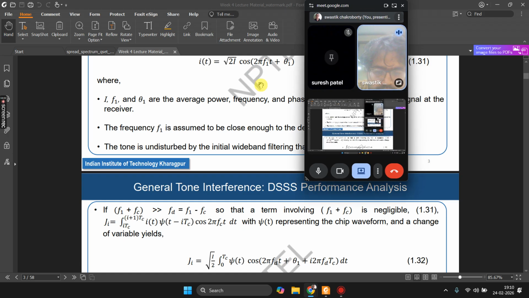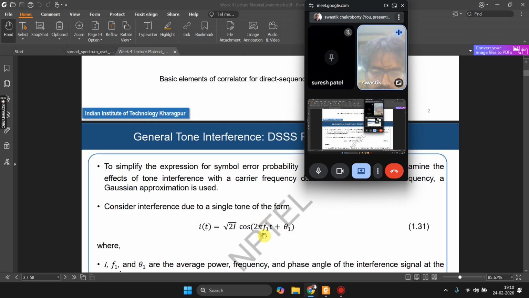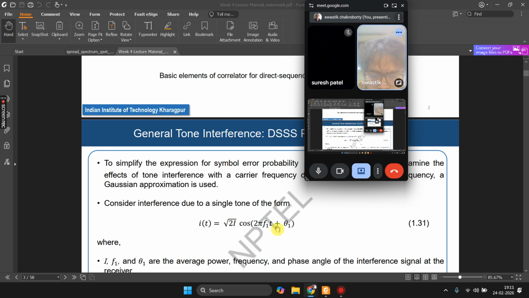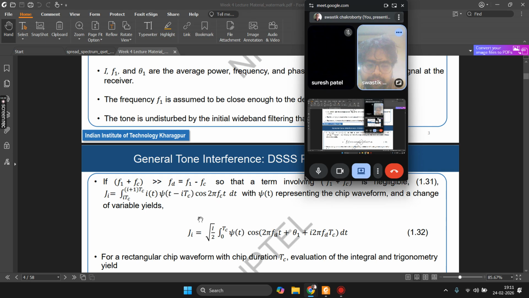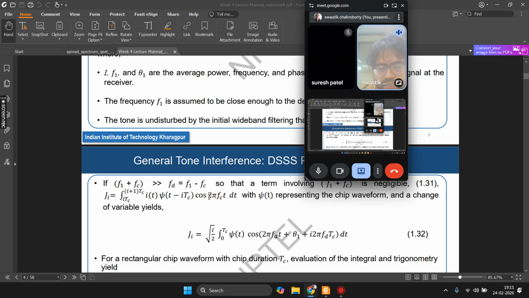Because this is basically a sinusoidal term, and f1 minus fc is near cos 0, which is the maximum value, very near to 1, so the f1 minus fc term will dominate. So f1 minus fc we are writing as fd.